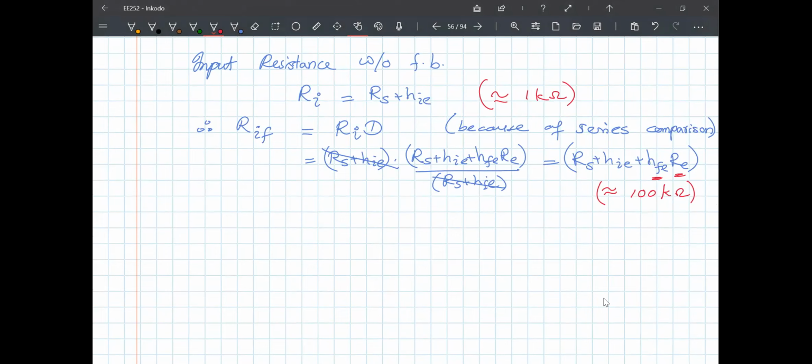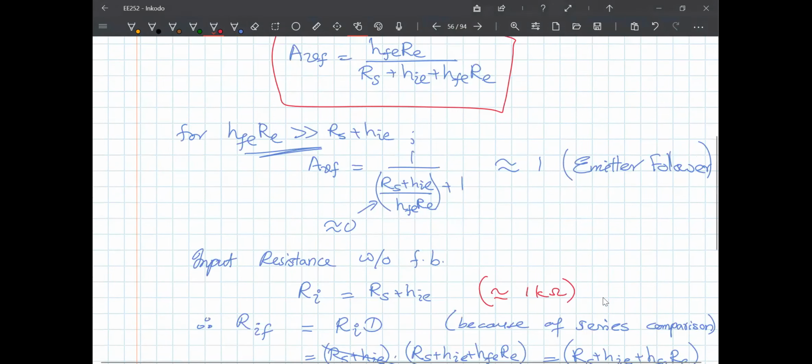Okay, so this is input impedance. Now considering the output impedance, we know the input impedance, RIF is equal to RS plus HIE plus HFE RE. I have already done that.